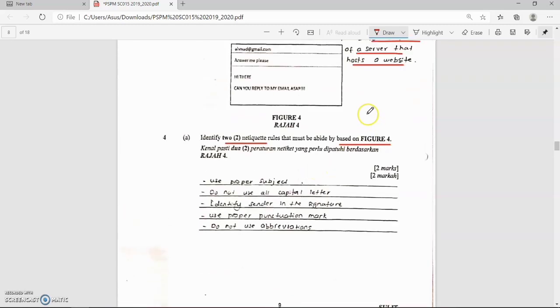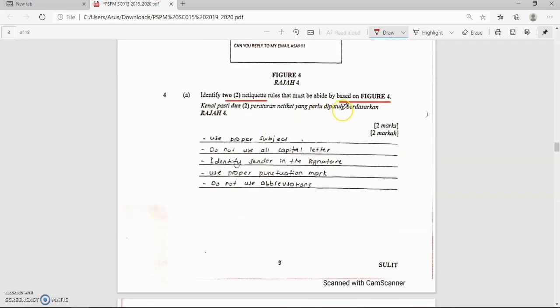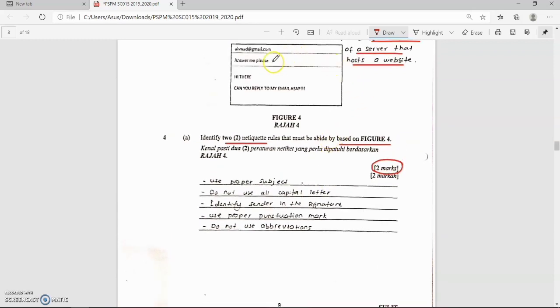Your netiquette answer must be based on this figure 4. It is 2 marks. Based on this figure, you can see this one: do not use all capital letters, identify sender in the signature, or you can say use proper subject.